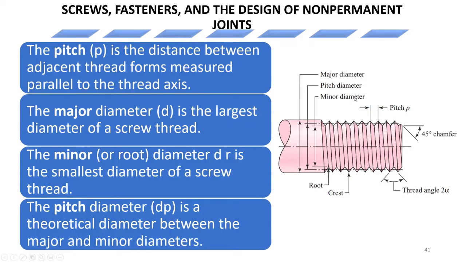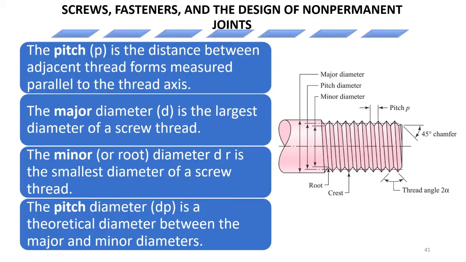Simply, the pitch of the screw is the distance between adjacent thread forms, measured parallel to the axis of the screw. So, from the center of one thread to the center of the other, measured parallel to the axis of the screw.